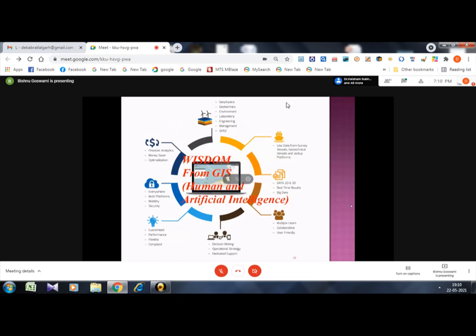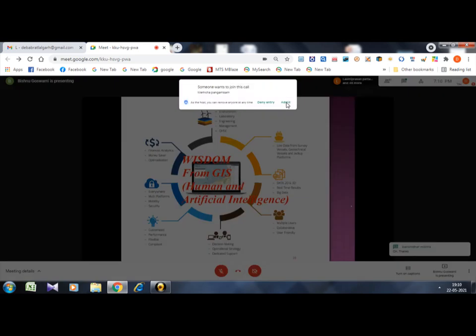In the context of GIS, we have human and artificial intelligence combined, and we can see a plethora of places where we can utilize GIS. For early stage researchers and students, this can be very useful, because they can see how they can use GIS in their work, and often it can also be their play.